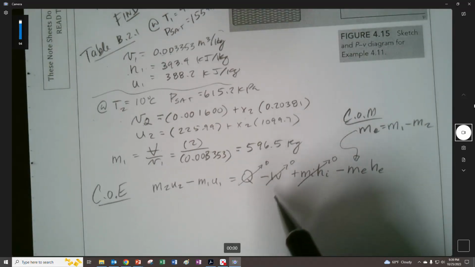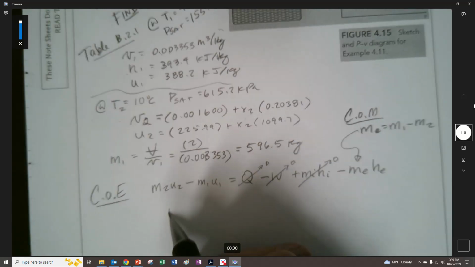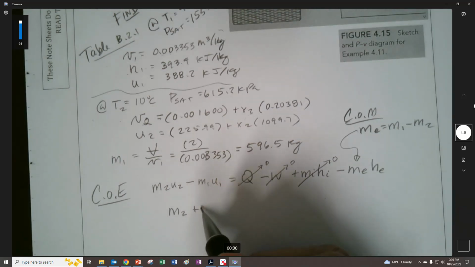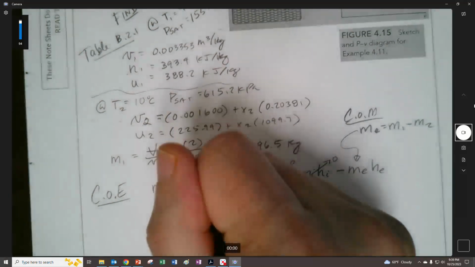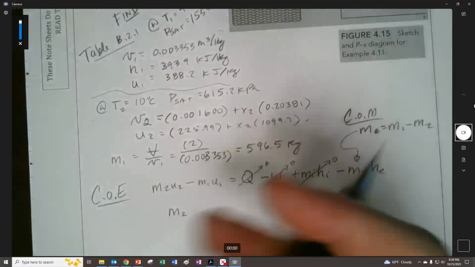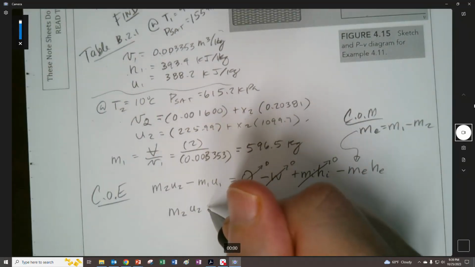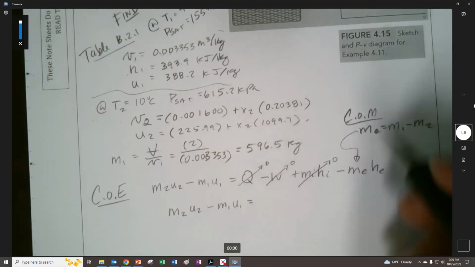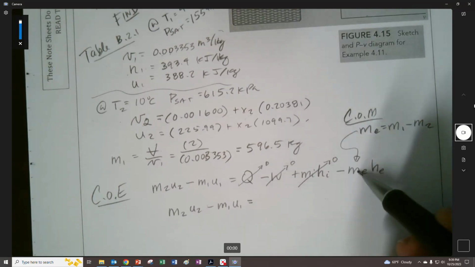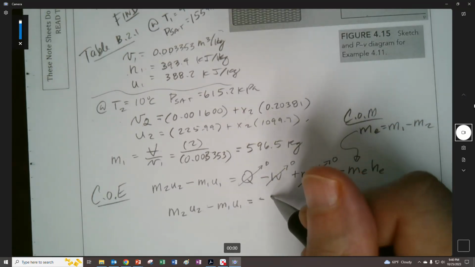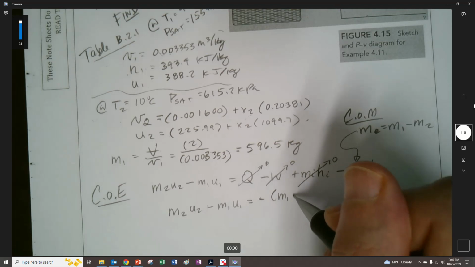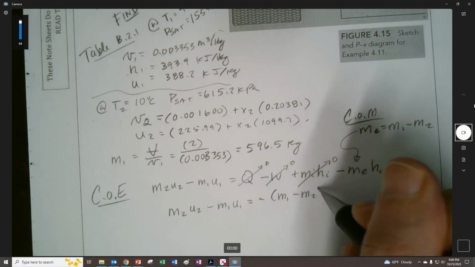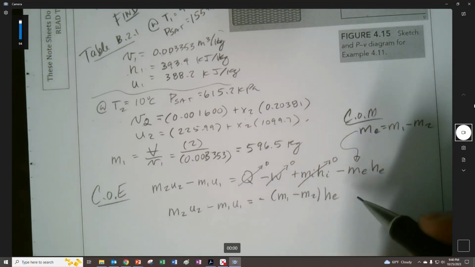So what we're left with is M2 U2 minus M1 U1 is equal to negative, because that's what the sign is, negative (M1 minus M2) HE.